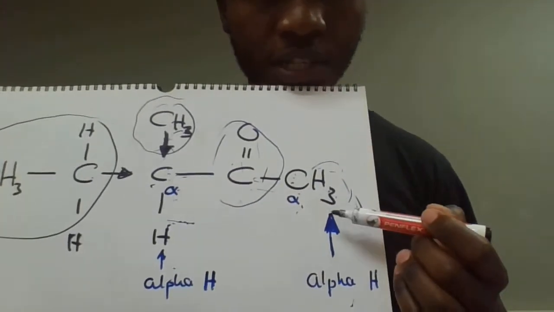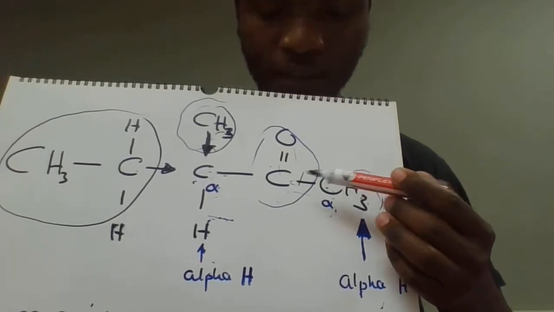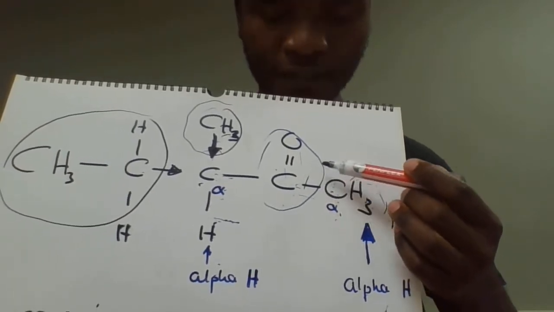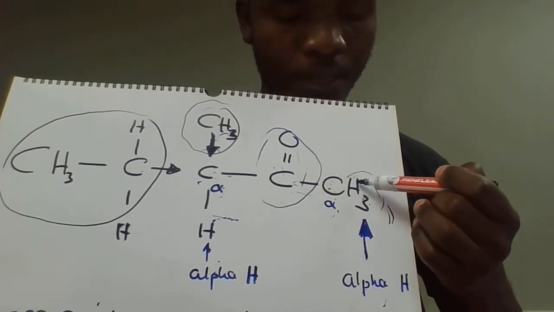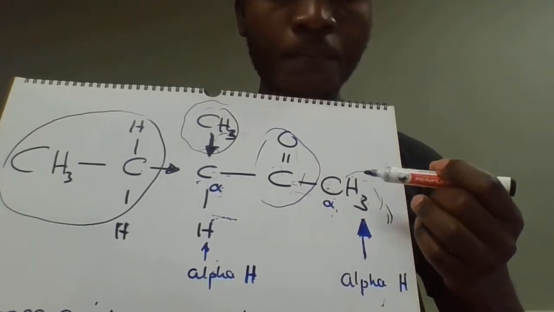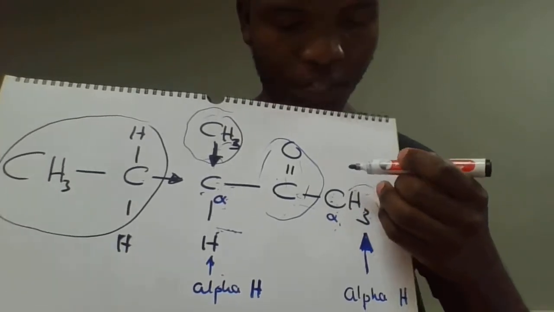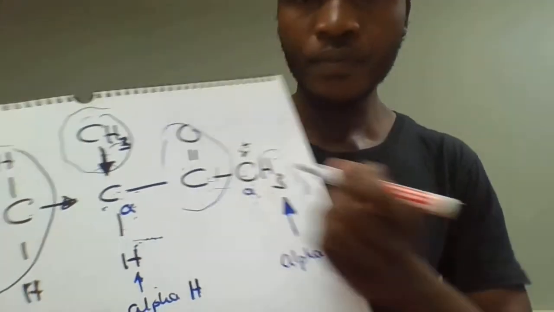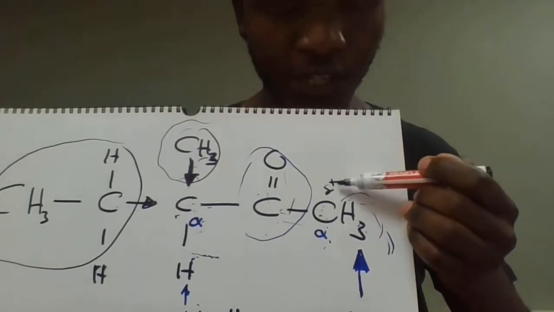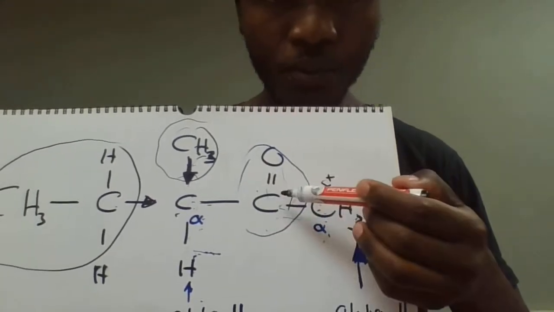Unlike these hydrogens, which are only attached to this carbon that feels the negative inductive effect of the carbonyl group. These hydrogens experience the direct effect of the partial positive charge created on this carbon due to the carbonyl group.